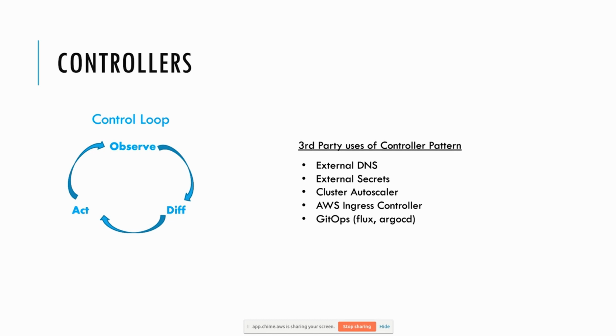So I've just listed a few here, controllers that interact directly with AWS. So if you create a deployment that exposes some sort of endpoint to the public, and you wanted to create a DNS record, you can deploy this EKS external DNS, and you just add some tags basically to your deployment or your ingress, and then this external DNS controller continuously will find this deployment or this ingress.